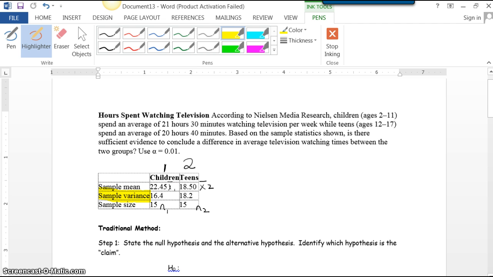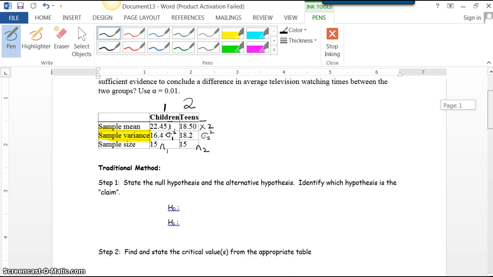In the formula, the variance is the square of the standard deviation. So this is already squared. This is sigma squared, number 1, and sigma squared, number 2, but it's squared. So it's already squared because we have the variance.